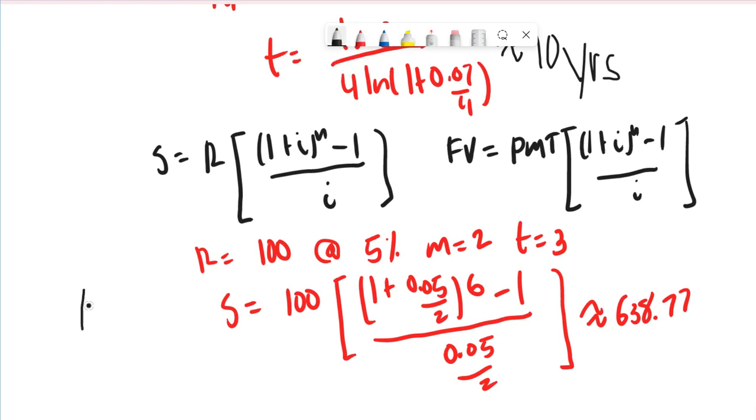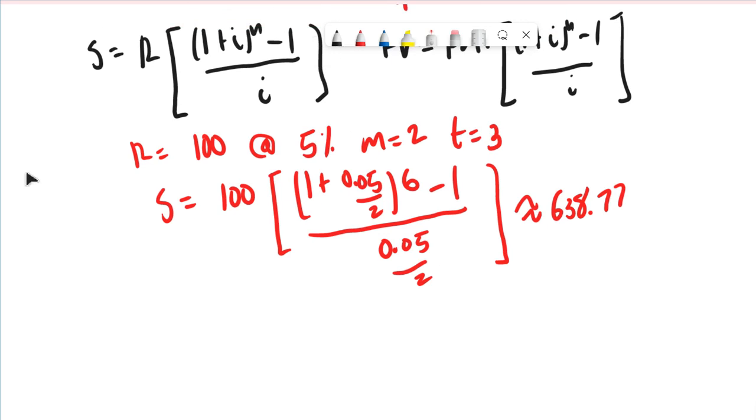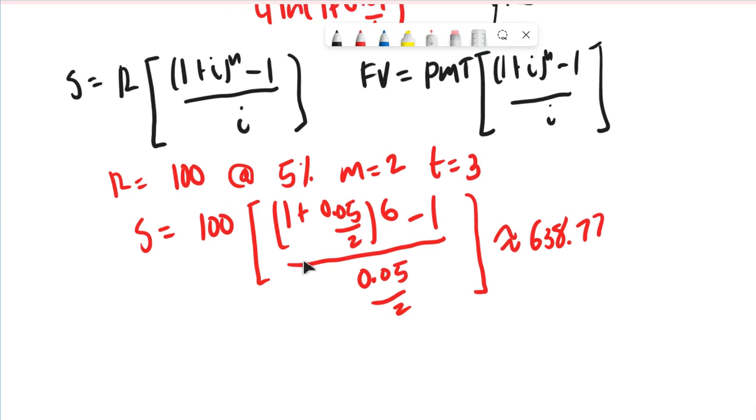But we can actually look at a different example that uses the same formula. Now, more than likely, you use something that's built into the calculator, but I'm going to do this where we look at an example.